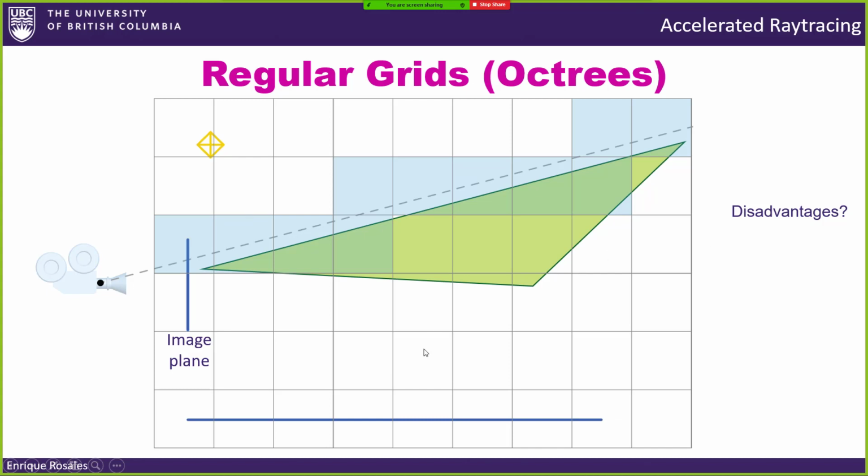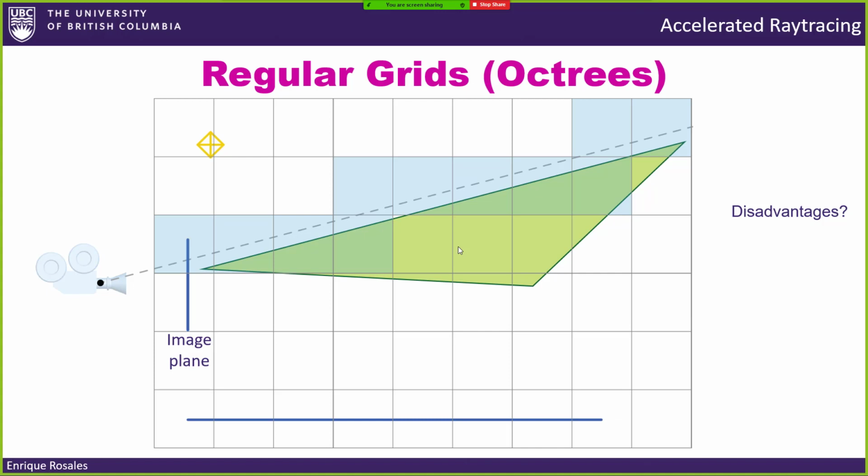So we usually need to tag objects. So if I get into this one right here, and the first cube is telling me, oh, I have a triangle, and this is the triangle, and I check if I am hitting that triangle, and it turns out that I'm not hitting the triangle, I take that triangle and I put it on a list, or I put a tag on that triangle saying, I already checked you and you're not hit, right?